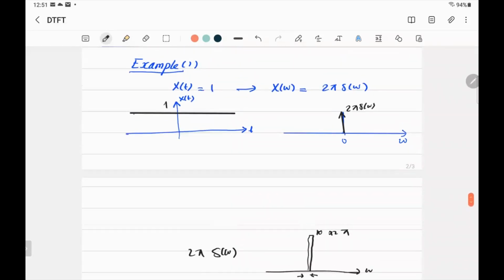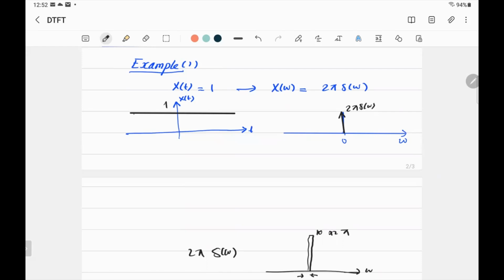So that's the meaning of the spectrum. When you have a constant value equal to 1, the spectrum is at frequency 0. What does it mean, the frequency 0? Omega equals 0. What does it mean? Just the meaning, I don't want any value.